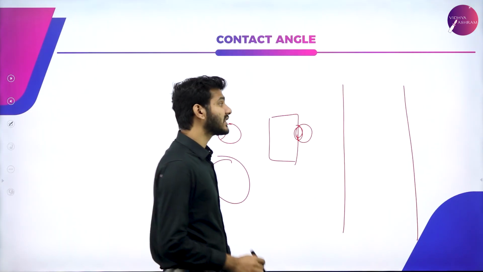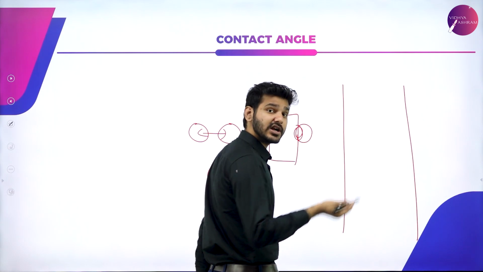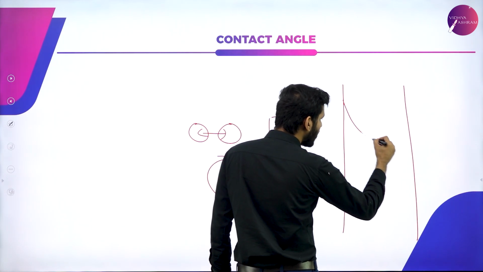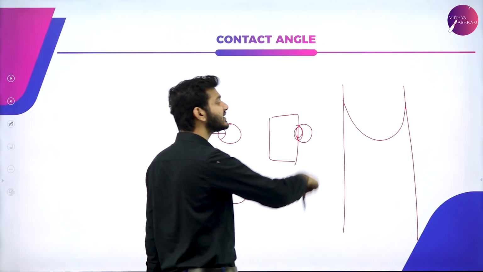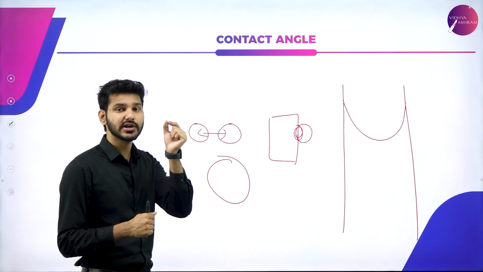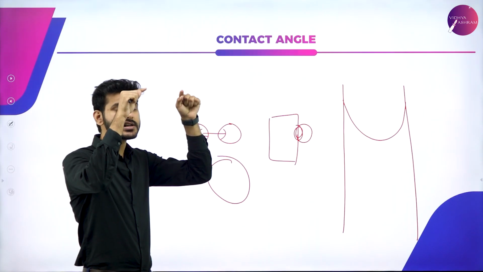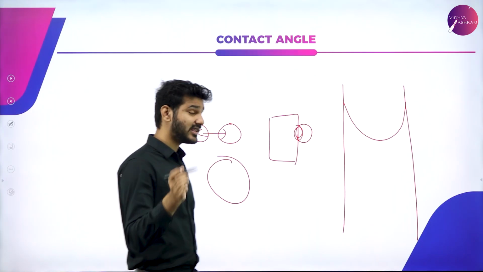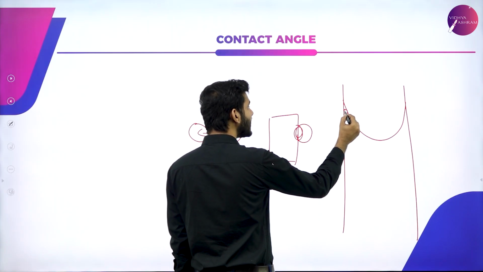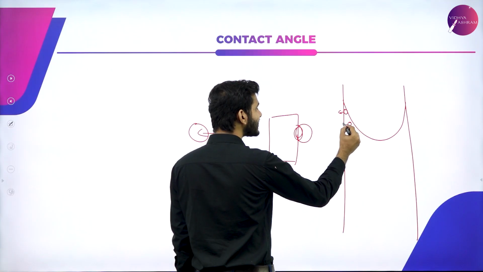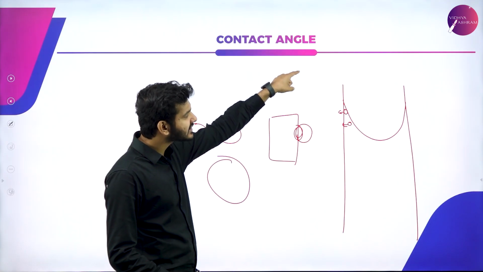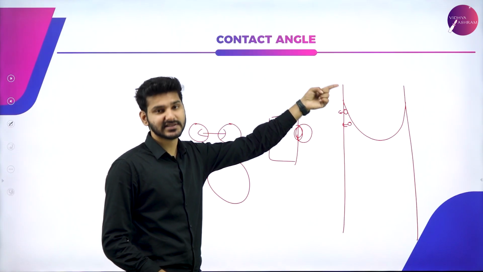For water, the cohesive forces are not dominating and the adhesive forces are dominating, which means water will stick on to the sides. If you take your pen, open the refill and look very closely, you can see that there is a tiny little curve like this. That is because adhesive forces are dominating. The water molecules are sticking to the walls of the container. That is why it appears to be slightly raised.